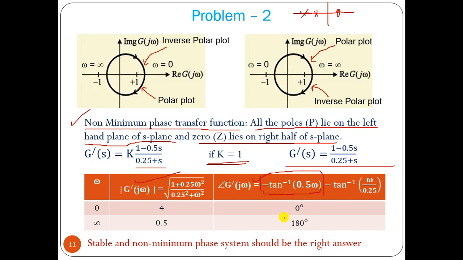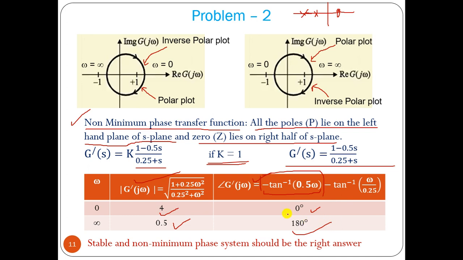So this is the important point. Now if we put omega equal to 0 here, this factor will be 4 and the angle will be 0 degree. If we put omega equal to infinity here, so 0.5, and if we put omega equal to infinity, it becomes minus plus 180 degree.